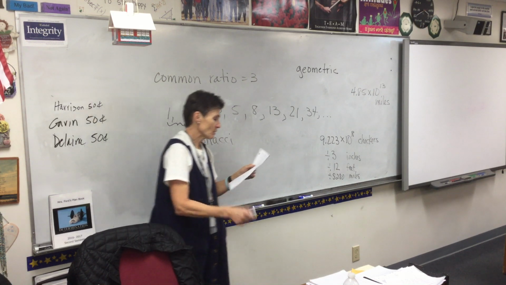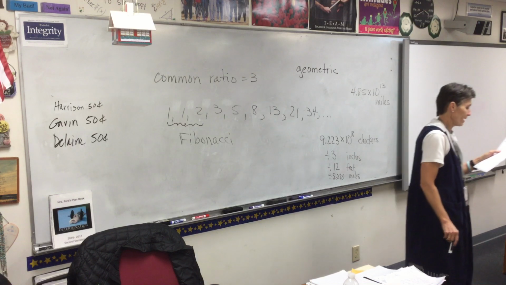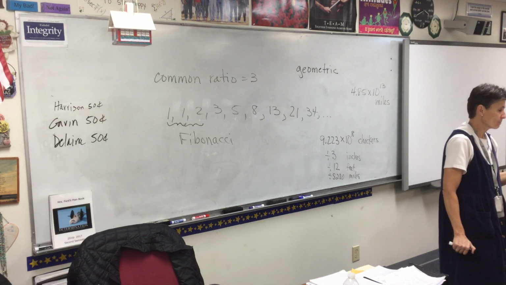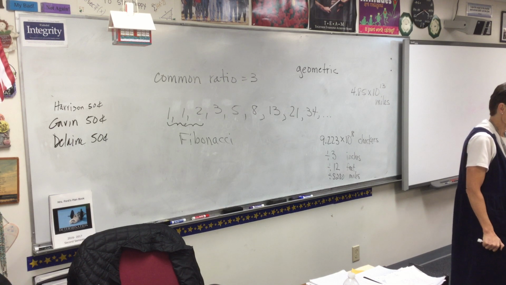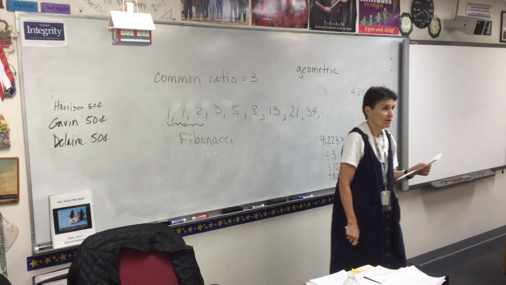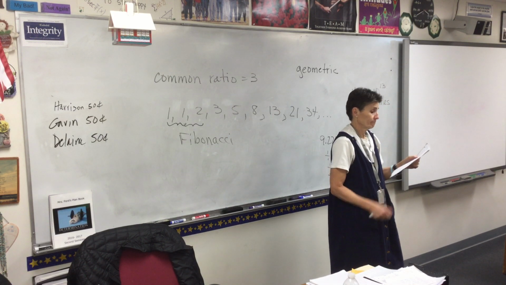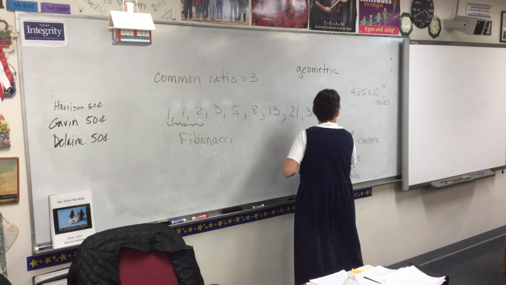All right, D. What's going on in D? Adding 1.5. So the two terms we have to fill in would be 3 and 4.5. Is it geometric? No. E is another tricky one.